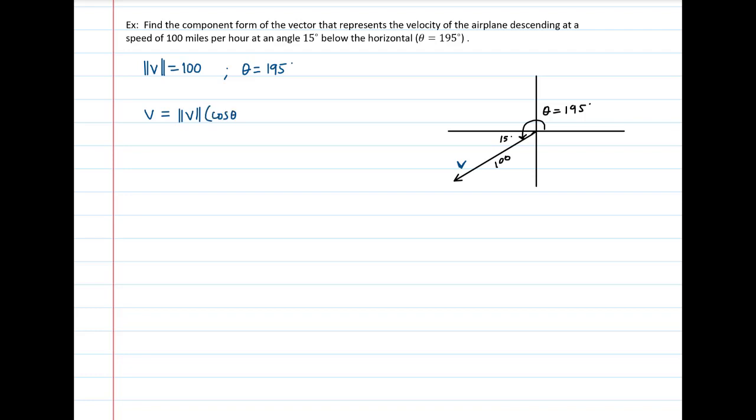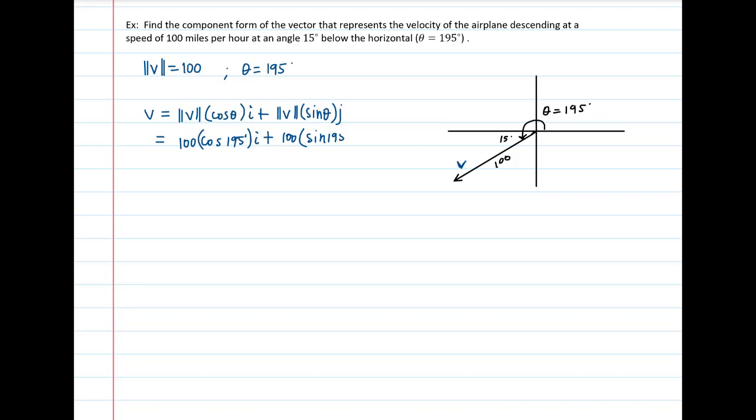So for problems like this, when the angle is provided or is easy to calculate, we can use our representation that we had before. Vector v is equal to its magnitude times cosine of theta i plus magnitude of v times sine of theta j. Remember, i and j are the standard unit vectors. So we plug everything in. We have that vector v is equal to 100 cosine of 195 degrees i plus 100 times sine of 195 degrees j.